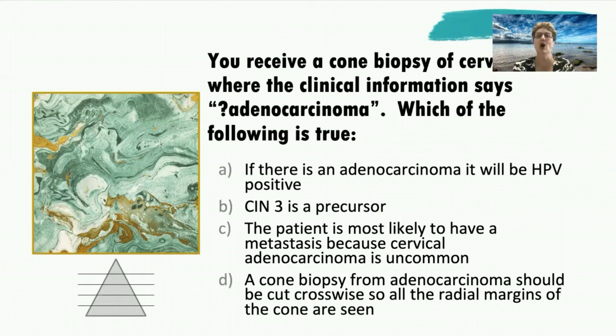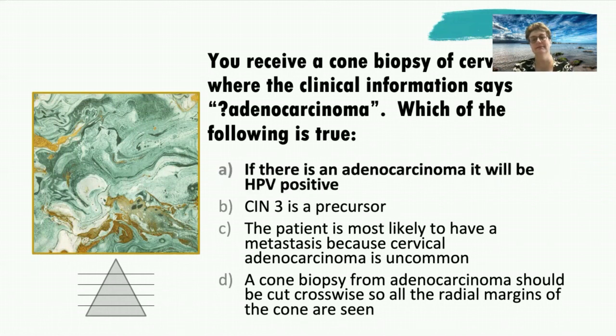If you receive a cone biopsy of the cervix where the clinical information says query adenocarcinoma, which of the following is true? The answer is it will be high-risk HPV positive because adenocarcinoma is also caused by HPV.